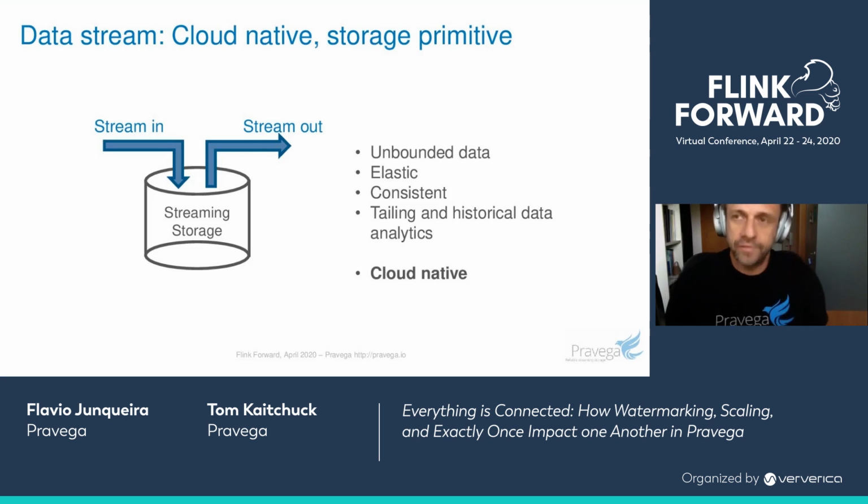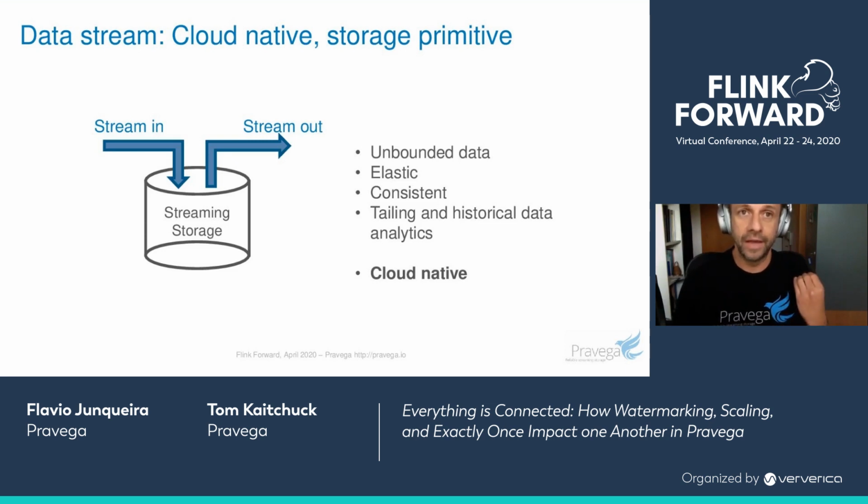So that's the key reason why we endeavored into reasoning about and building a system which has a stream as a core storage primitive. So you're able to stream in and stream out. That's why you see a stream when you're writing your data, and that's why you see a stream when you're reading your data. We have done it in a way that captures properties that we believe are important if we're talking about cloud native applications.